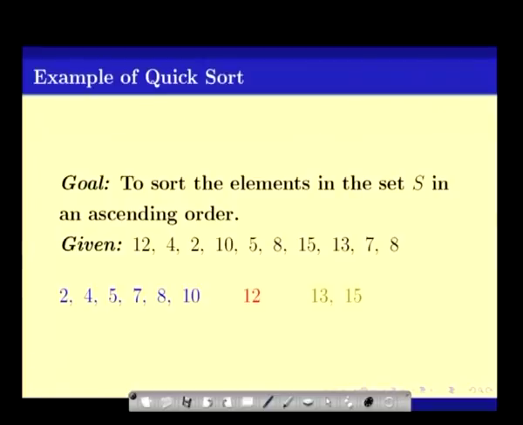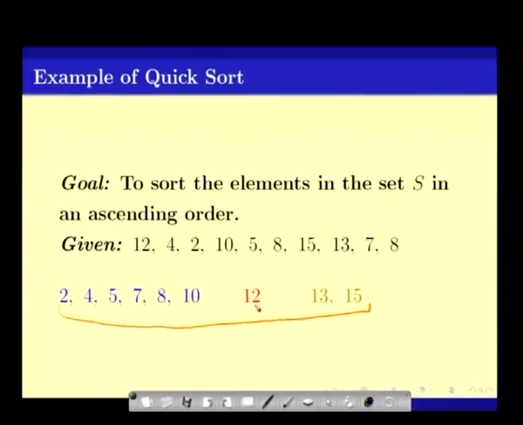And note that now I have this set of elements on the left which is sorted and less than 12, and elements on the right of 12 are also sorted, and thus this whole set becomes a sorted list. The key to this point is that we have taken this 12 and split this set in such a way that if we manage to sort the elements on the left and the elements on the right of 12, the elements will anyway be sorted.